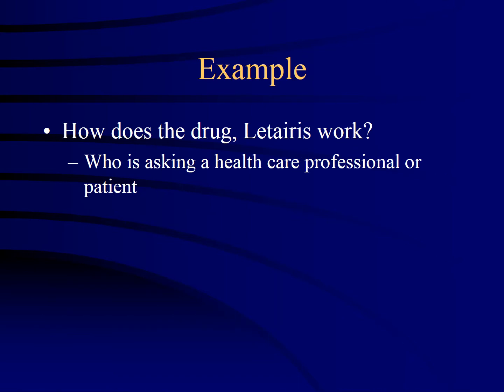Here's an example. If a patient and a physician asked how the drug Letairis (ambrisentan) worked, you would provide a different answer for each. First of all, a physician would not ask how a drug works. A physician would ask you for the mechanism of action. You would not want to say to the patient, ambrisentan is a selective endothelin-1 type A receptor antagonist and a vasodilator.